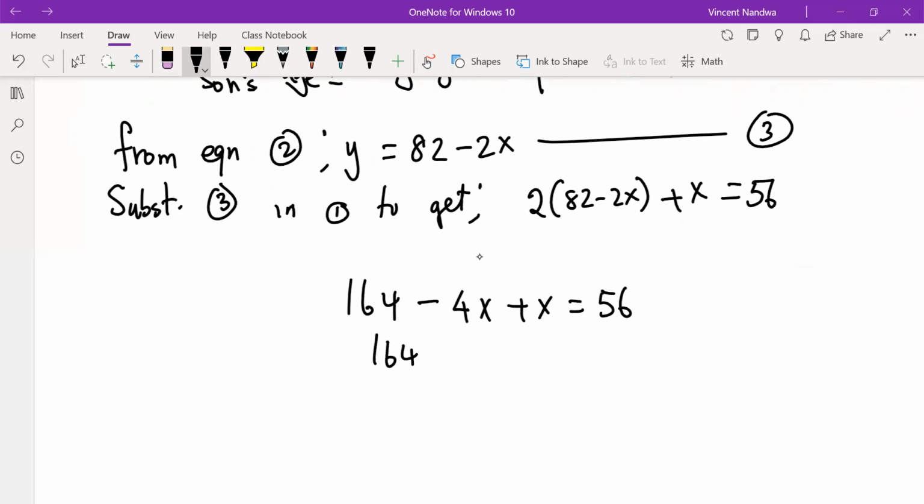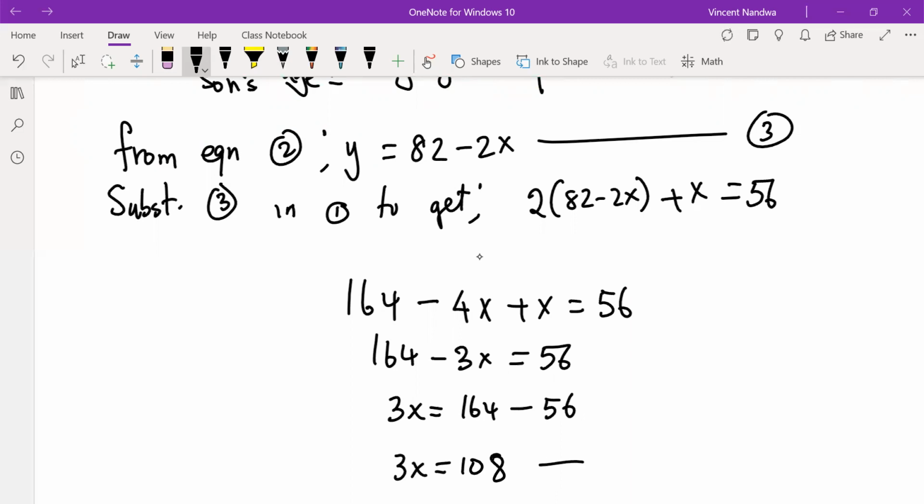So 164 minus 3X equals to 56. So 3X will be 164 minus 56, which gives us 108. And this means X equals to 108 divided by 3, which gives you 36.